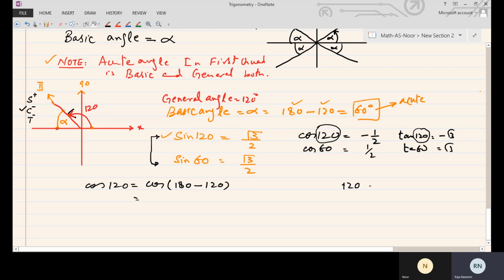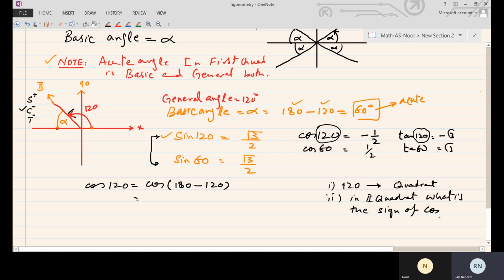From the angle, we figure out the quadrant. I mean, 120 is in which quadrant? Number 1. Number 2, in second quadrant, what is the sign of the ratio?